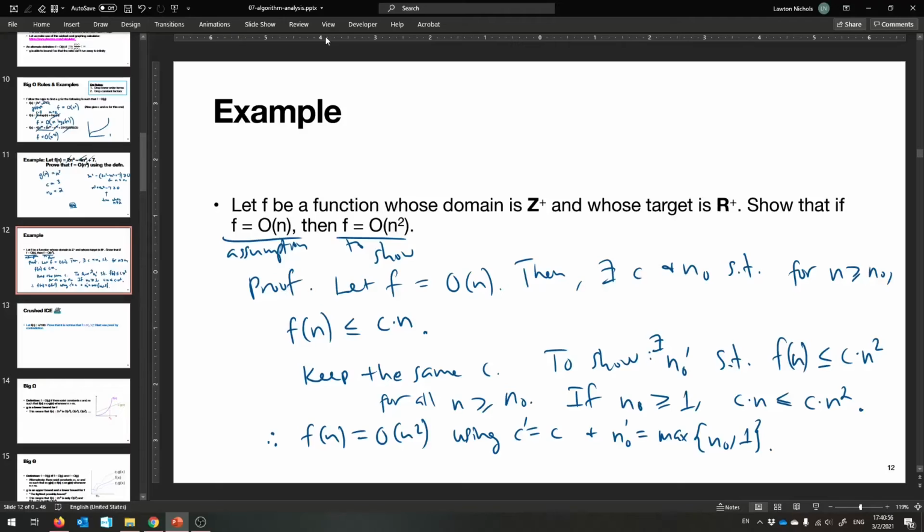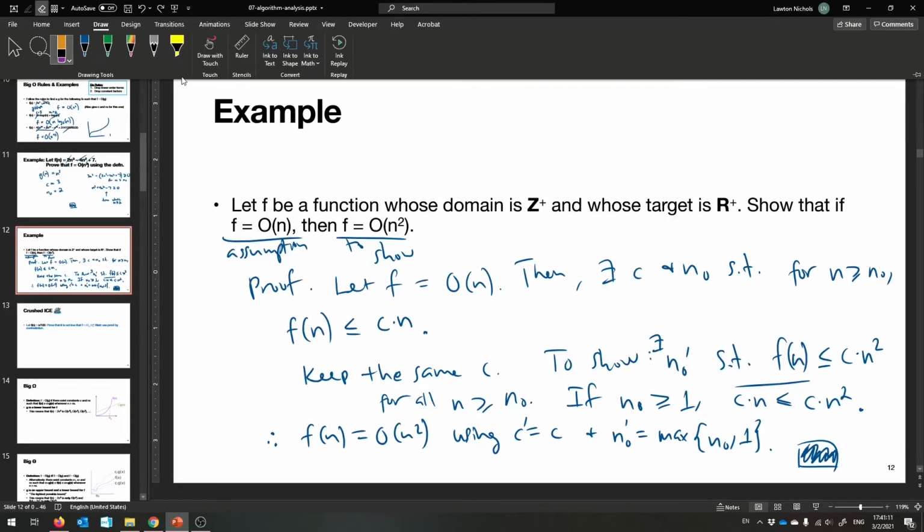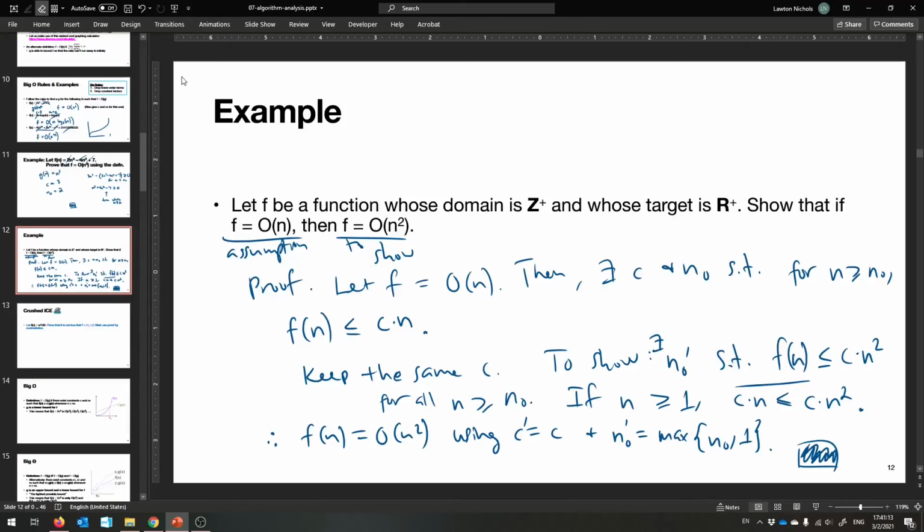That should always work. And that is the proof. We notice, this was the big deal, that this is true for all n greater than or equal to 1, and as long as n naught itself started us off at 1, this is always going to hold. And so using this and this together, we get that f of n is less than or equal to c times n squared.